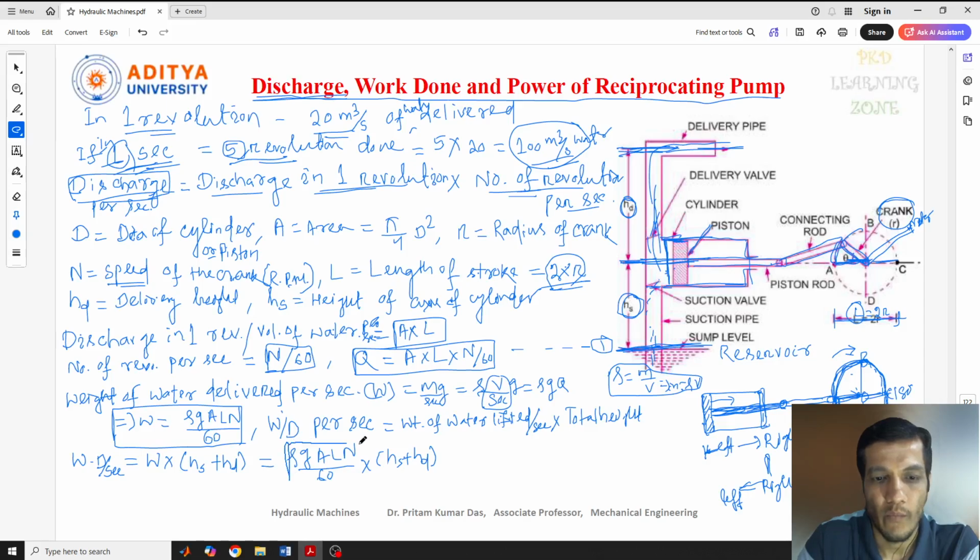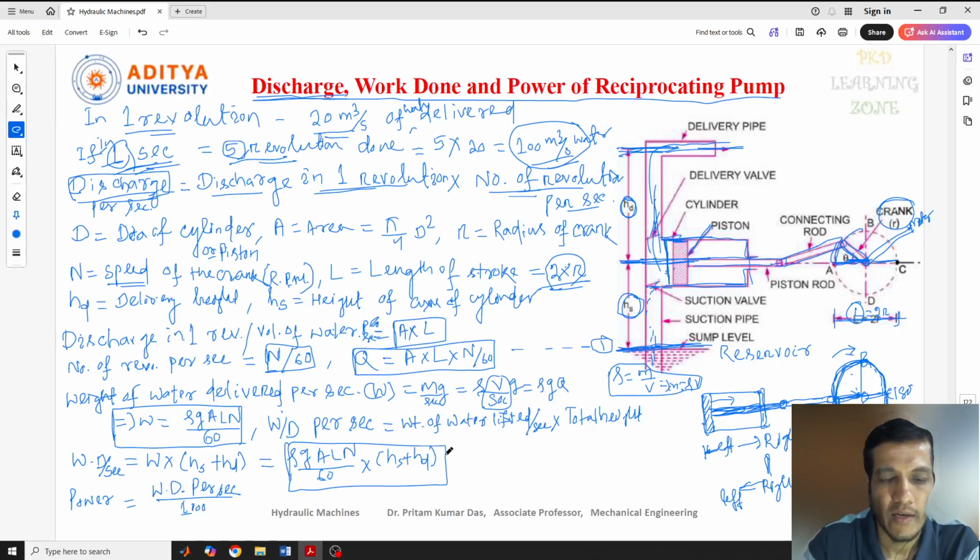Now once you calculate the work done value, the next step is very simple: calculating the power. What is the power required to drive the pump? Power equals work done per second by 1000.